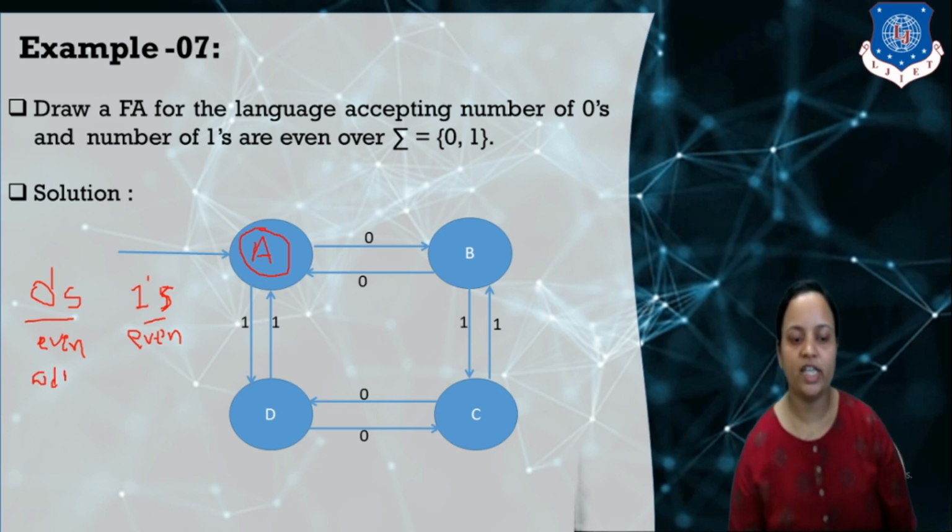In the exam any combination will come: odd number of zeros with odd number of ones, even zeros with odd ones, and odd zeros with even ones.